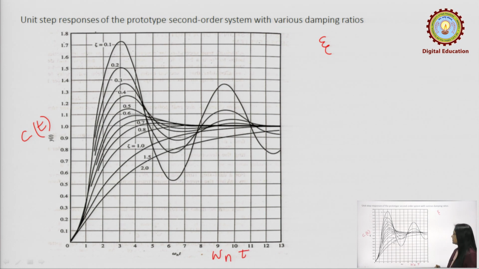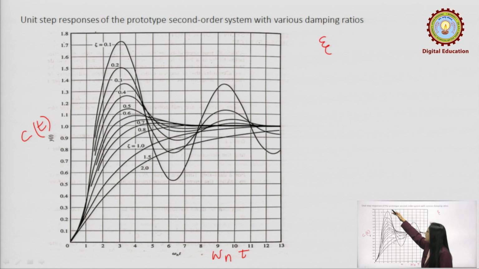into t. So, we can see that for zeta ranging from 0.1, 0.2, 0.3, 0.4, the overshoot value is reducing as the value of zeta goes from 0.1 nearing the value of 0.8.